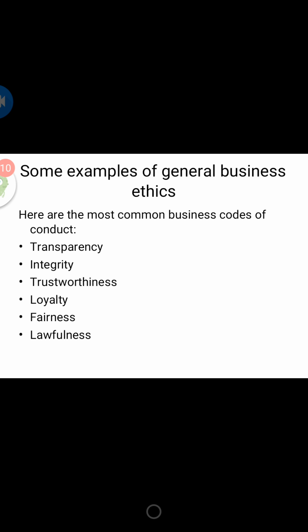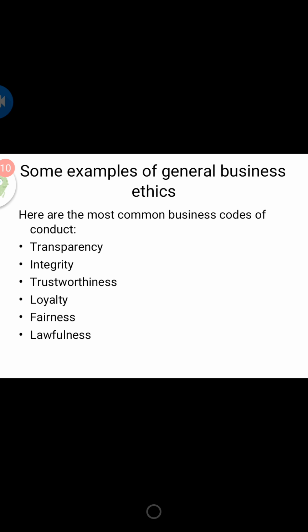The next is integrity. Companies that do what they believe is morally right, based on equality and fairness, can demonstrate strength and commendable character. That is called integrity.